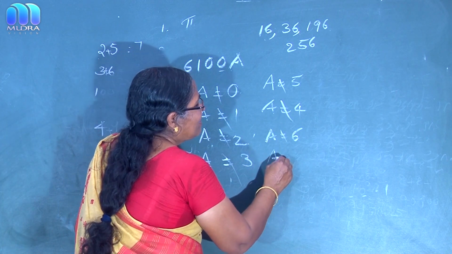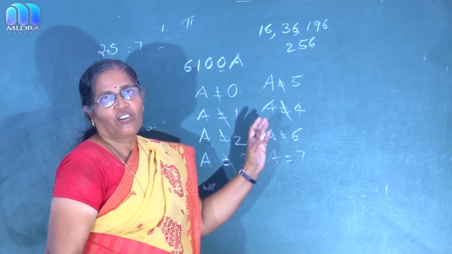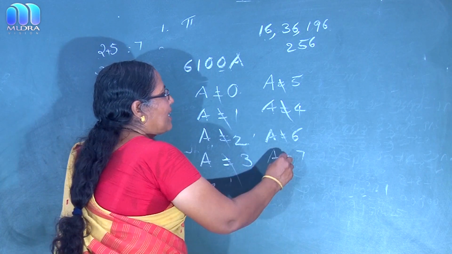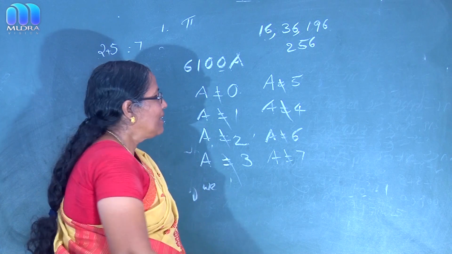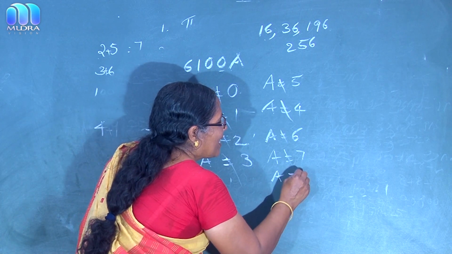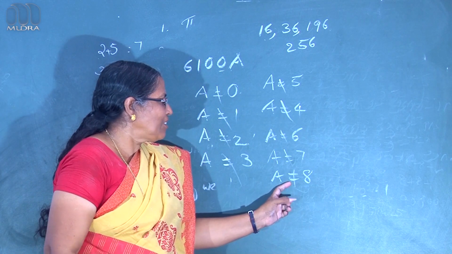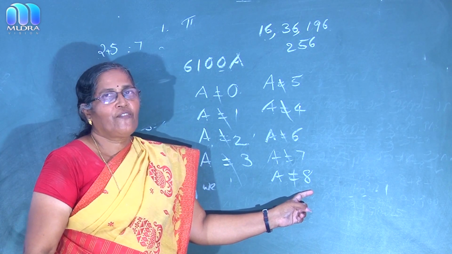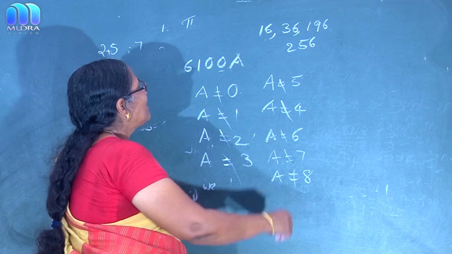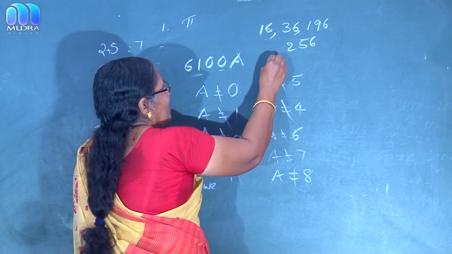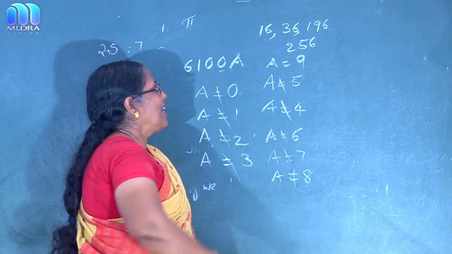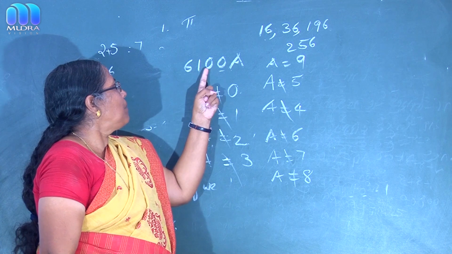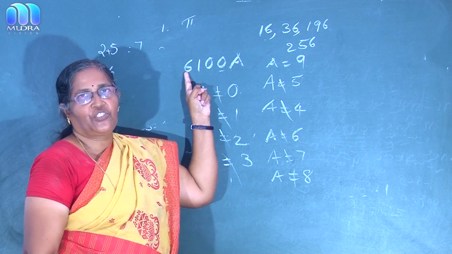Then is A equal to 7? No. The unit place of a square number will not be 7. Then is A equal to 8? No, the last place of a square number will not be 8. Then we check that A is equal to 9. Look here, 9 plus 1, 10 plus 6, 16.